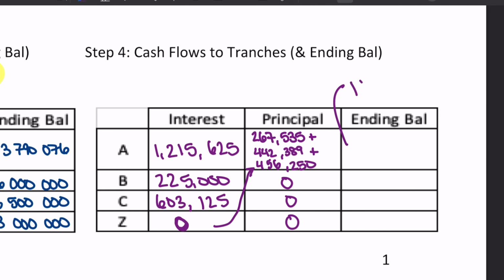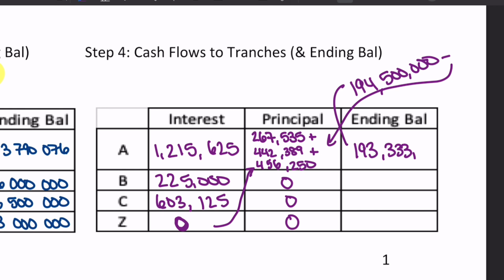So for A, $194,500,000 minus, write that whole box over there, resulting in $193,333,826. B, I have my $36 million. C, I have my $96.5 million.